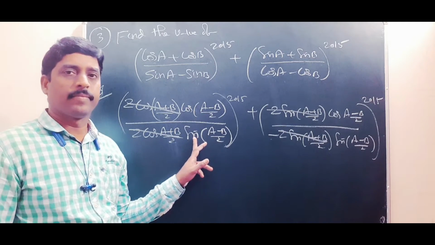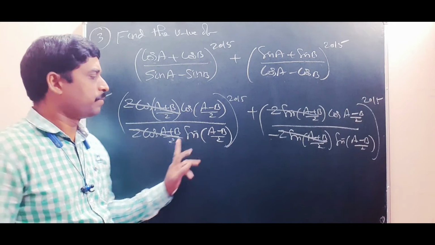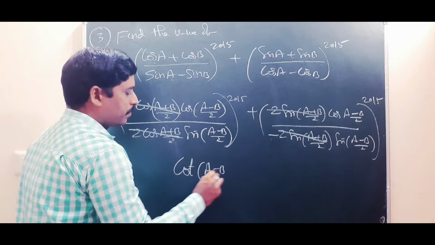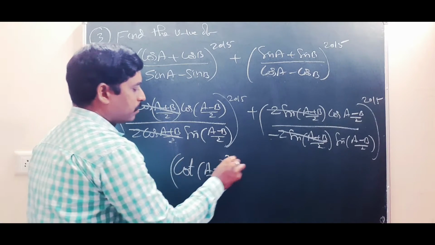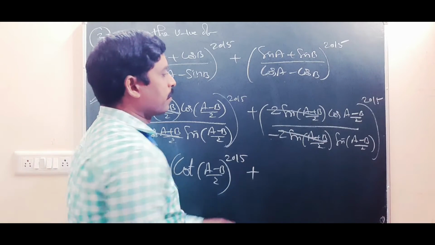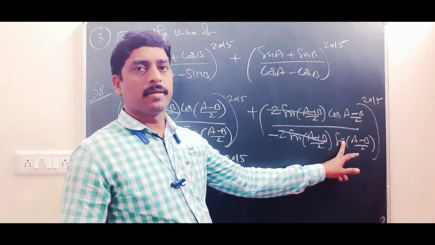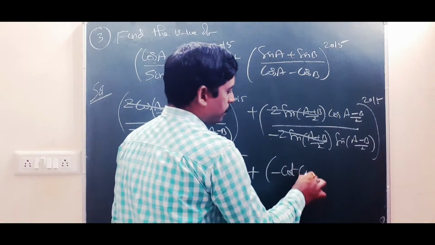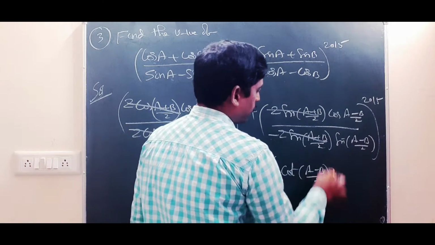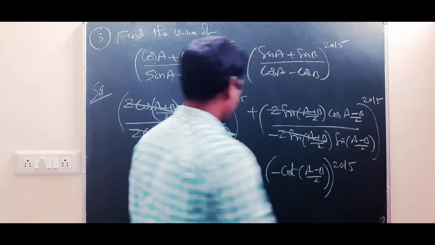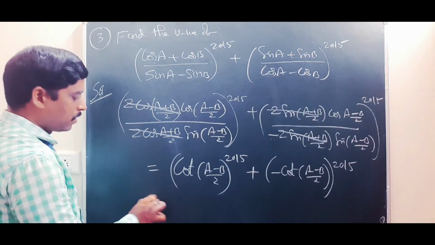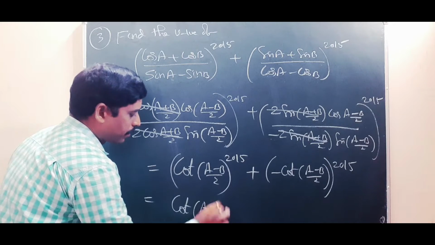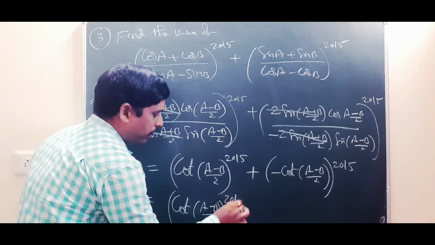Cos by sin, we get cot (A minus B by 2), and cot (A minus B by 2) to the power 2015 with a minus sign. Now cot (A minus B by 2) to the power 2015.